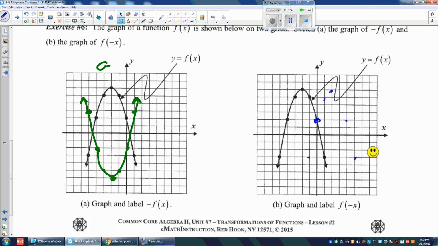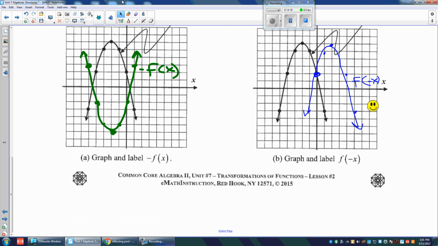There we go. So this, it says label it, negative f of x. It says label it, f of negative x. Great. That's it for reflection across the x-axis and y-axis.